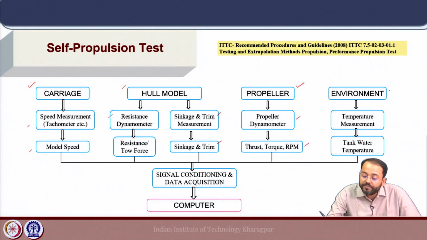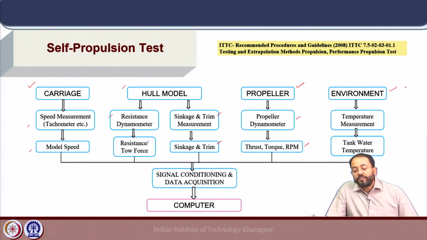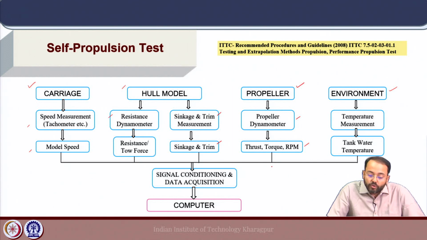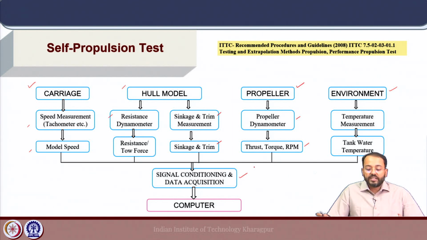And finally, we have the environmental factor which is the temperature measurement, which is done to calculate standard density and viscosity of water during the model tests. So, all these data together is put into the data acquisition system and finally put into the computer for final calculation of the self-propulsion test parameters.